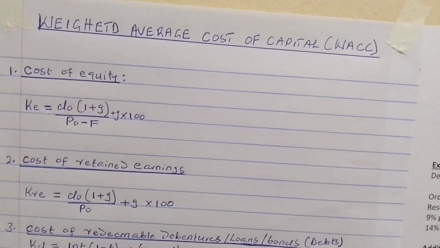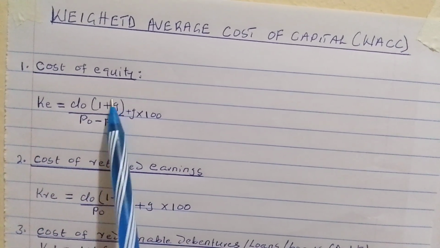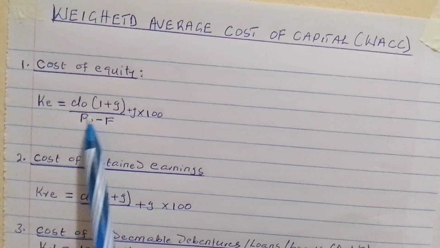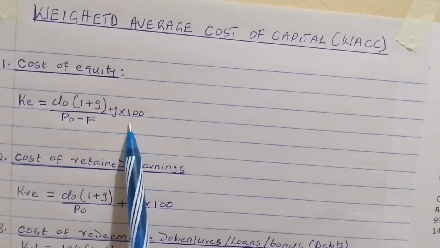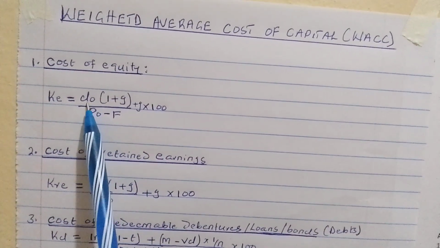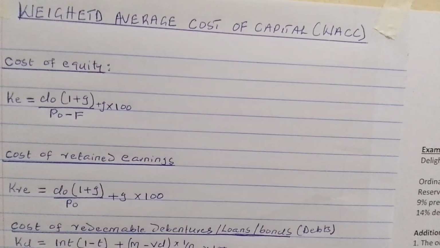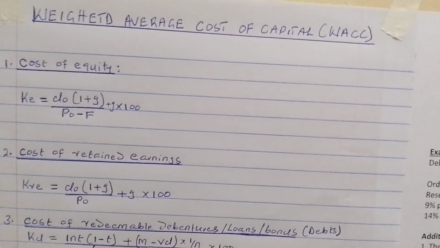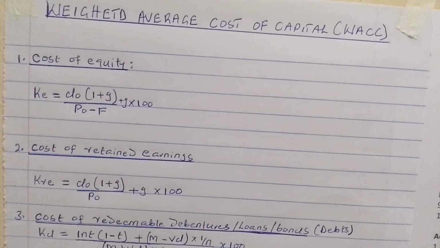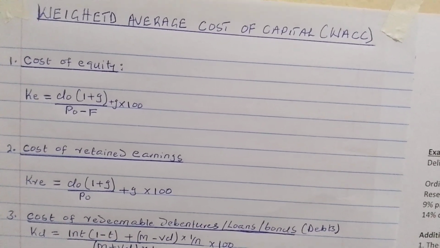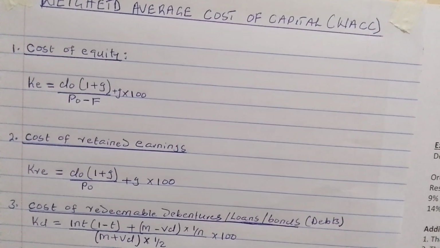Cost of equity is given by D0 (1 + g) / (P0 - F) + g, you multiply by 100. D0 means the dividends which have been paid. Then 1 + g, g means the growth rate, divided by P0. P0 means market price, and F means flotation cost.